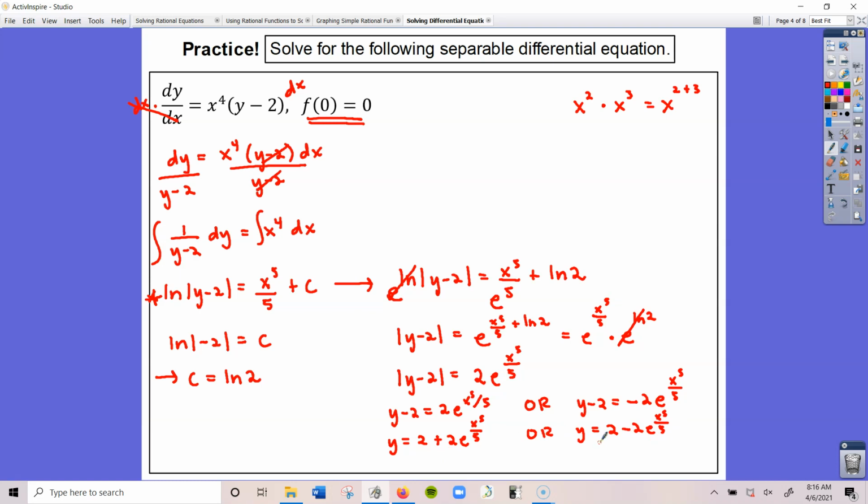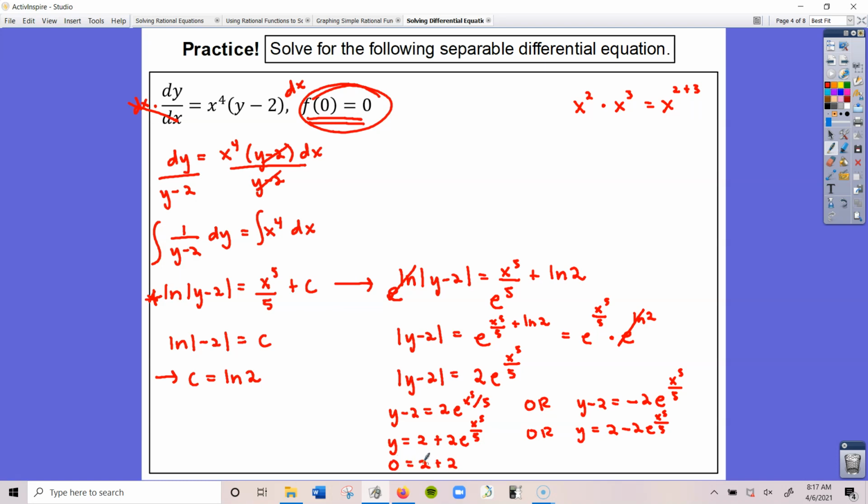Now we have to figure out which one of these is it. And what we're going to do is plug in this initial condition and check which one works. So if I plug in 0 into the first equation, we get 0 is equal to 2 plus, and anything raised to 0 is just 1, so this would be 2 times 1, which is 2.